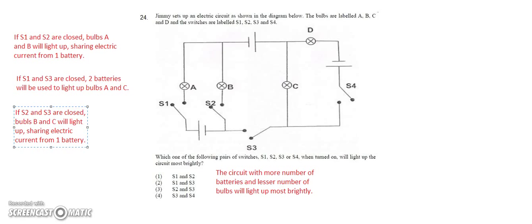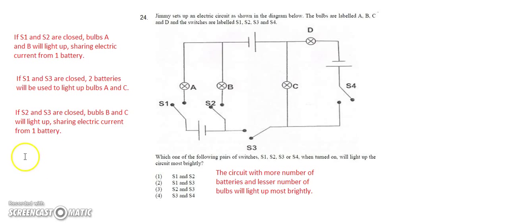So again take note, here we have two bulbs lighting up, but again power from one battery. Okay, so again let us recap. For option 1, it's 2 bulbs, 1 battery. Option 2, 2 bulbs, 2 batteries. And option 3, 2 bulbs, 1 battery.